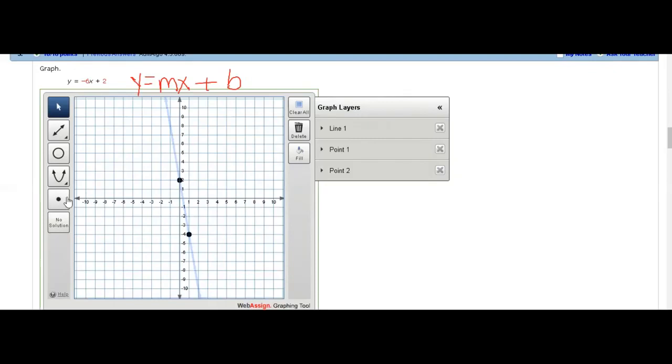I clicked here, put my point here at 2. I saw that m was -6. So I went down 6 and to the right 1, and I put a point there. I clicked on my double-ended arrow, clicked here, and it created the line for me in WebAssign. Okay?